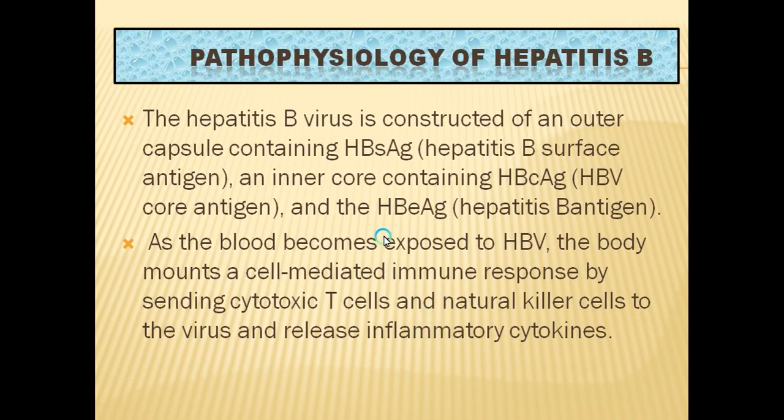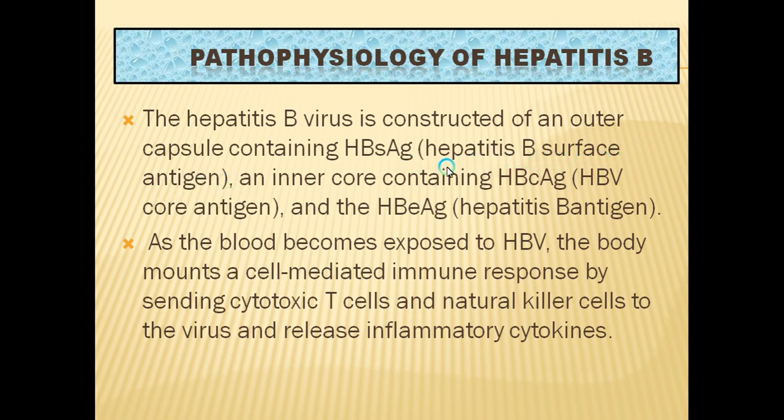Now is the pathophysiology of hepatitis B. I just wanted to give a short description of hepatitis B. Hepatitis B virus is constructed of an outer capsule which contains HBsAg. So what is the full form? Hepatitis B surface antigen.